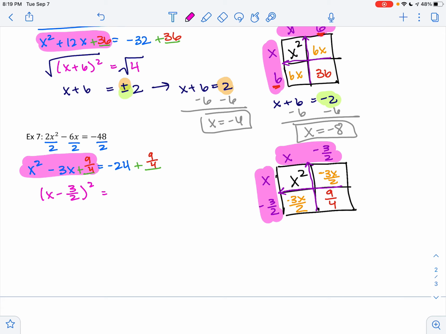If you do not know how to do fractions in your calculator, I can show you in class. But I'm just going to do negative 24 plus 9/4. And if you don't like using your calculator for this, then you can go ahead and just get a common denominator and add that as well. So this is going to give me negative 87 over 4.